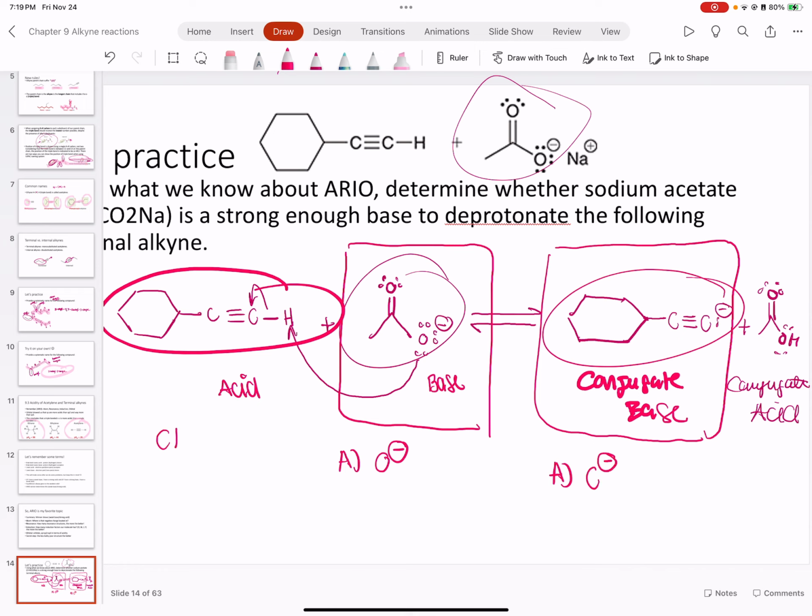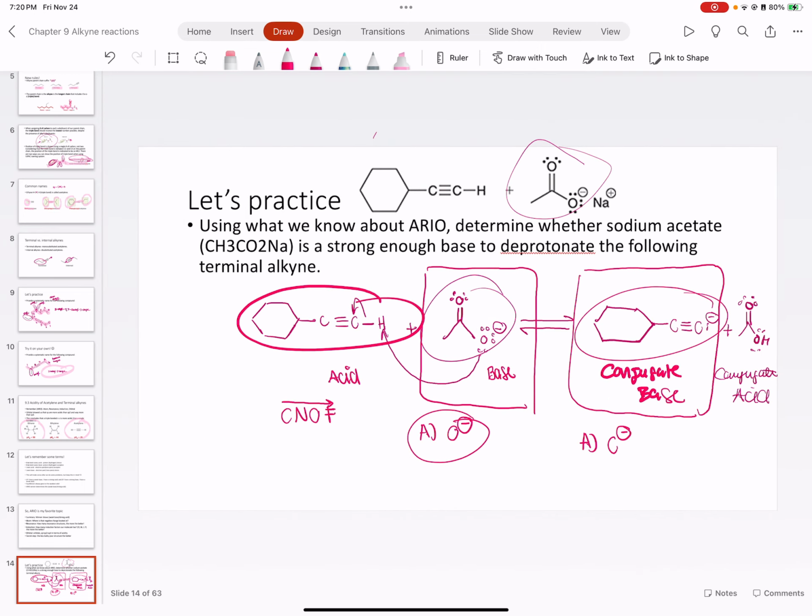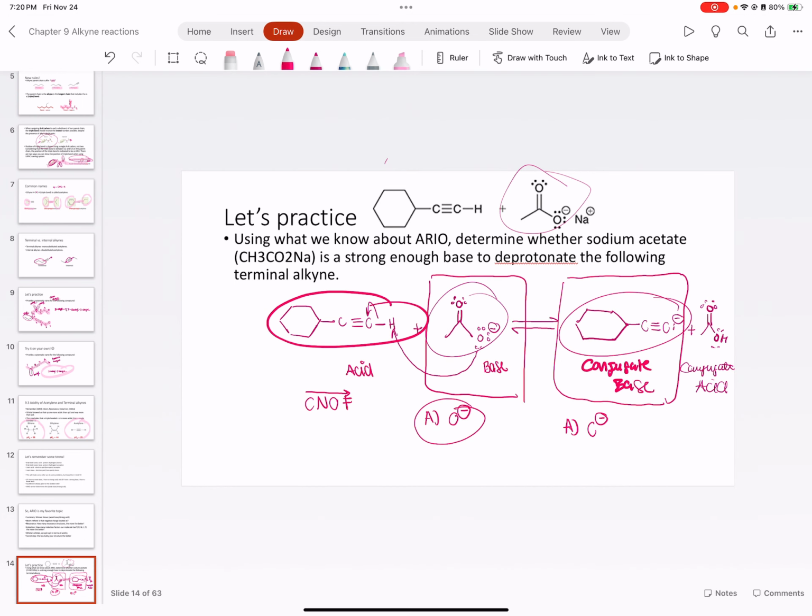So we know that it goes CNOF on the periodic table, so oxygen is gonna be more stable than carbon. Therefore this one's gonna be my winner in ARIO terms. Remember that ARIO winner means strong acid, weak base.